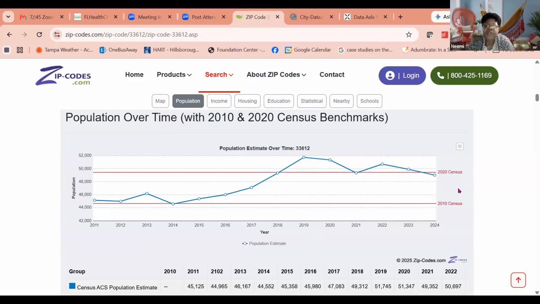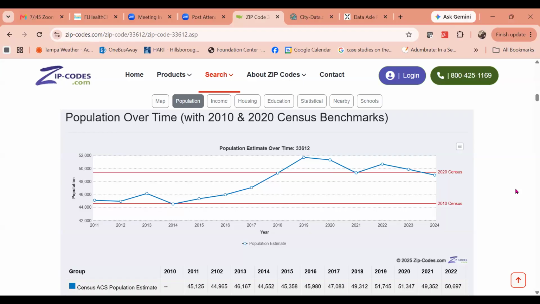I wonder why it went up in 2022. Why did it go up in 2019? I have no idea. They just give you the raw data, not the particulars. I would suspect that, given the prices, a lot of people started to move into that neighborhood, not necessarily homeowners, maybe renting. Let me see what they're saying.